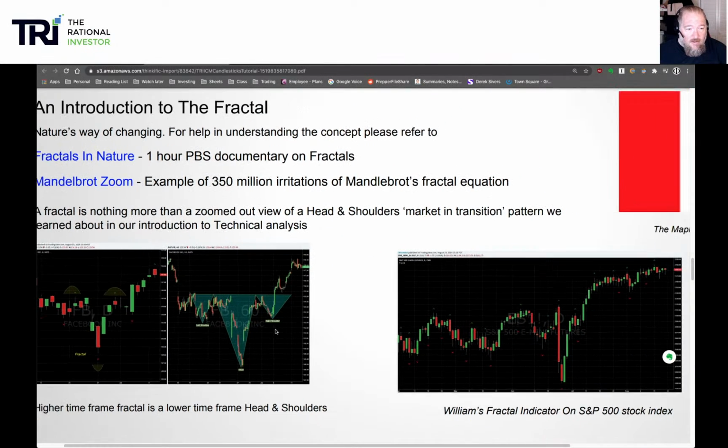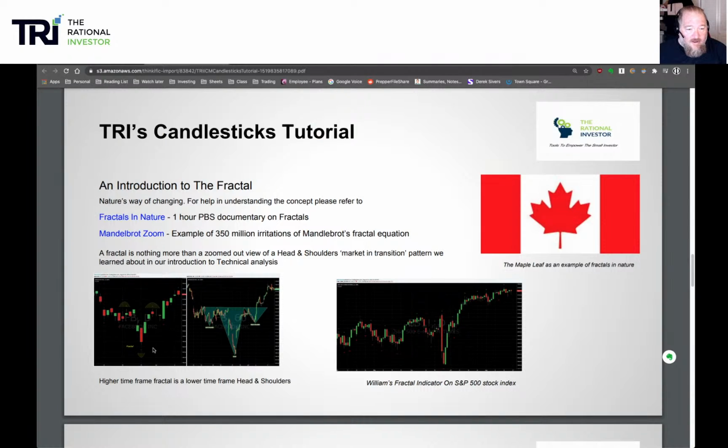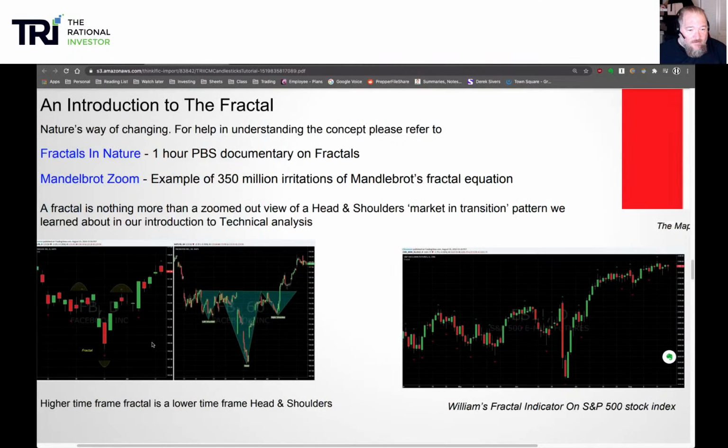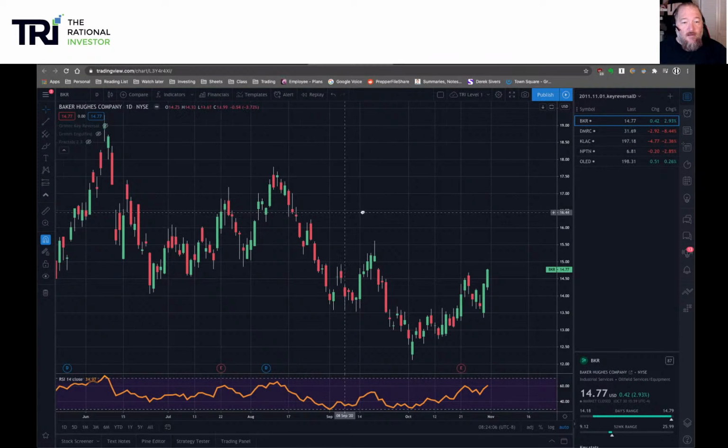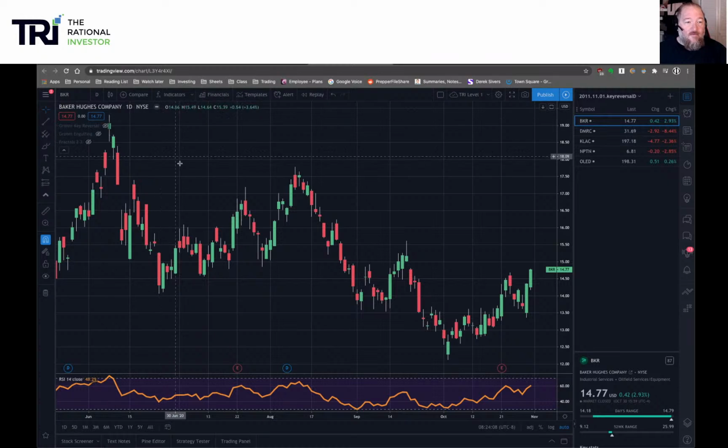And on a higher time frame, what we see is something like these three candlesticks. Let me show you on here. So, this fractal here.